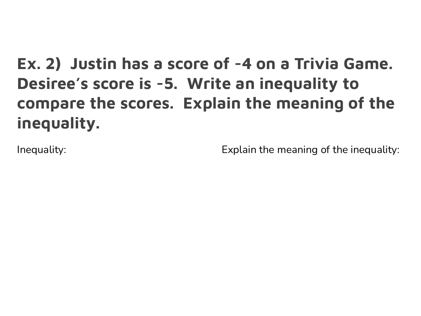All right, here's example 2. Justin has a score of -4 on a trivia game. Desiree's score is -5. Write an inequality to compare the scores. Explain the meaning of the inequality. So I have Justin, and he's -4. And then Desiree is -5.